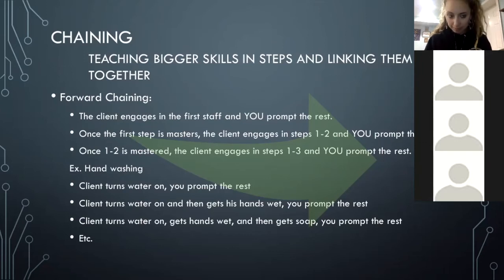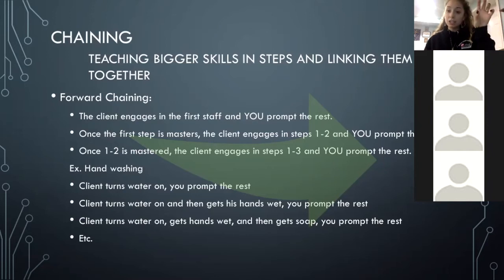Forward chaining. So you have a set of steps to complete. This looks like the client engages in the very first step independently, and then you are going to prompt the rest. So typically that's hand over hand because these kids are still learning.